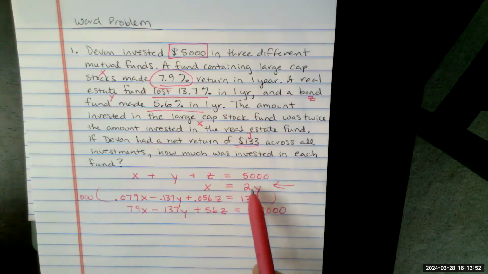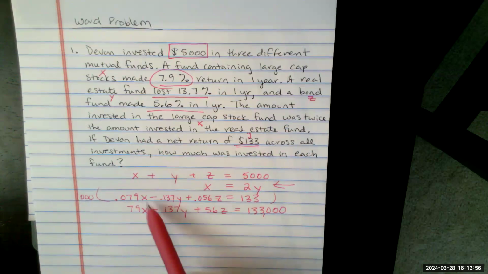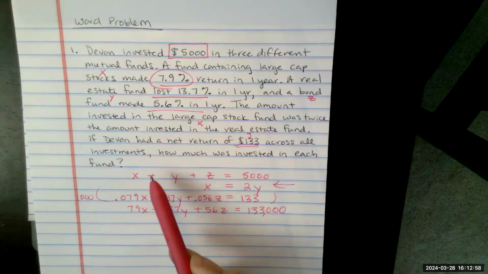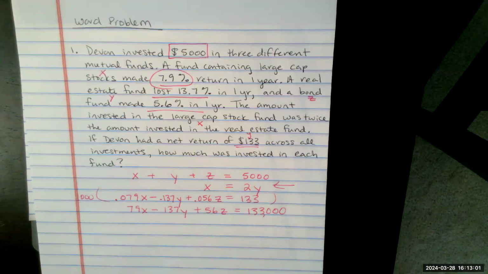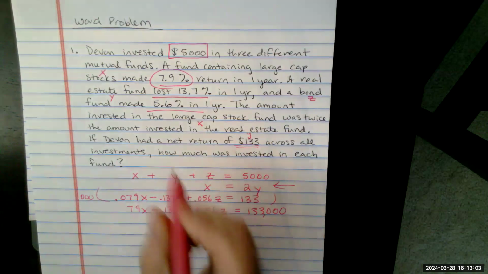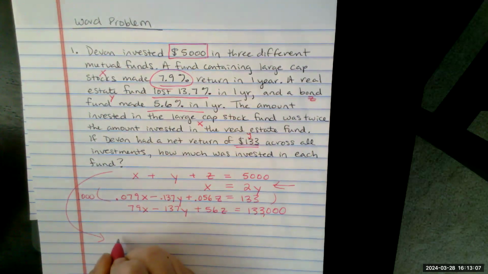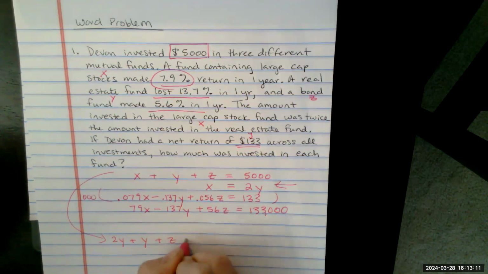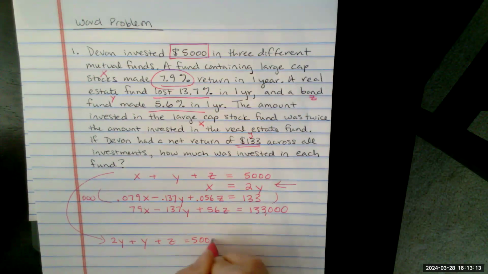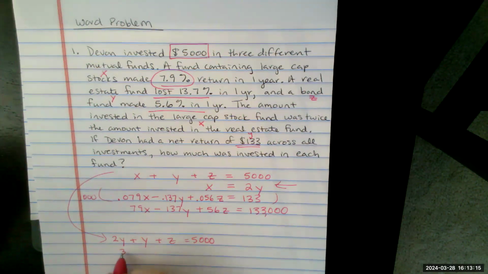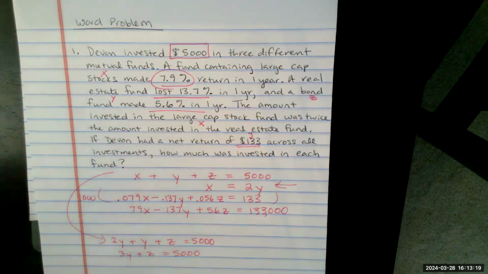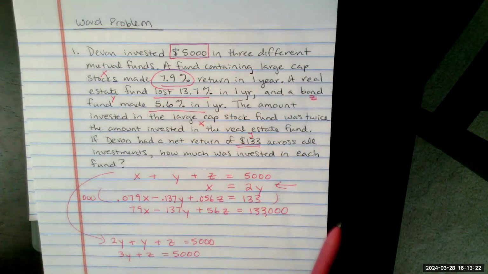Okay. Since I have this nice simple equation here where it says that x is equal to 2y, I'm going to start with that and substitute 2y in for x in my other equations, because then that would eliminate the x and I'd only have y and z. So if I go from equation 1 and substitute in 2y instead of the x, I'd have this, and I can even go one step further and combine the y's. So here's now my first equation.